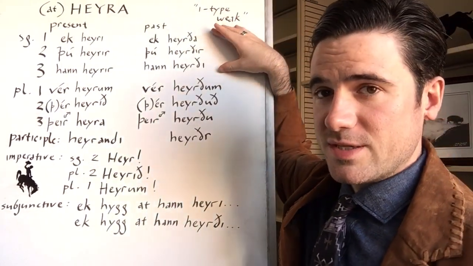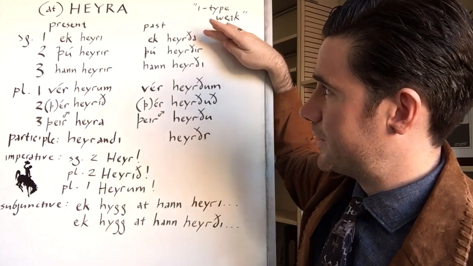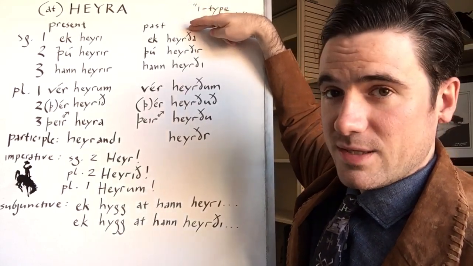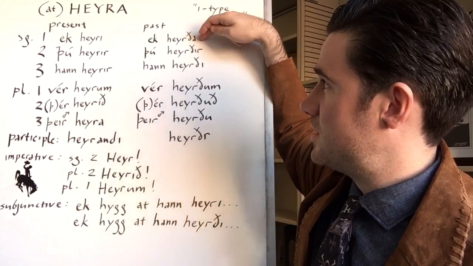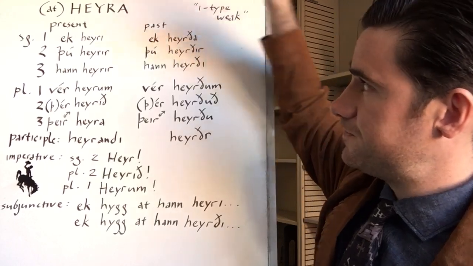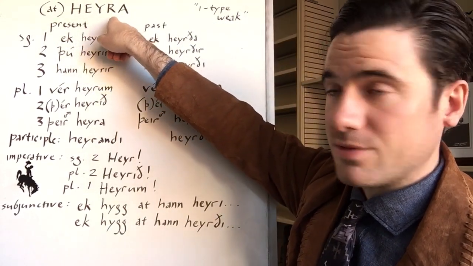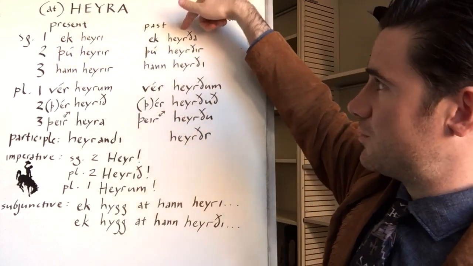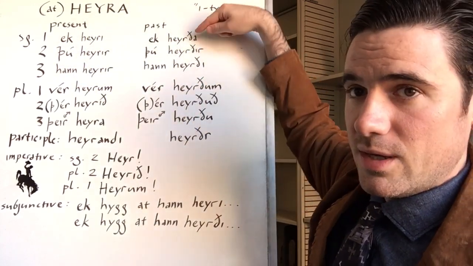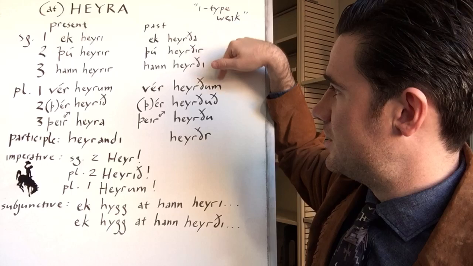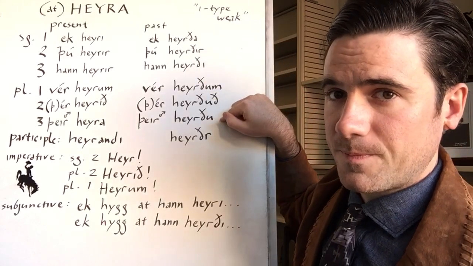Past tense for this I-type weak verb, we have ek hørða. Notice that we add that eth before we add these endings. The eth has been added to the root. To get the root of the verb, you just take the infinitive a off of it, so the root is høyr. You just take that root, you add the eth, and then you add a, ir, i, um, uð, u.